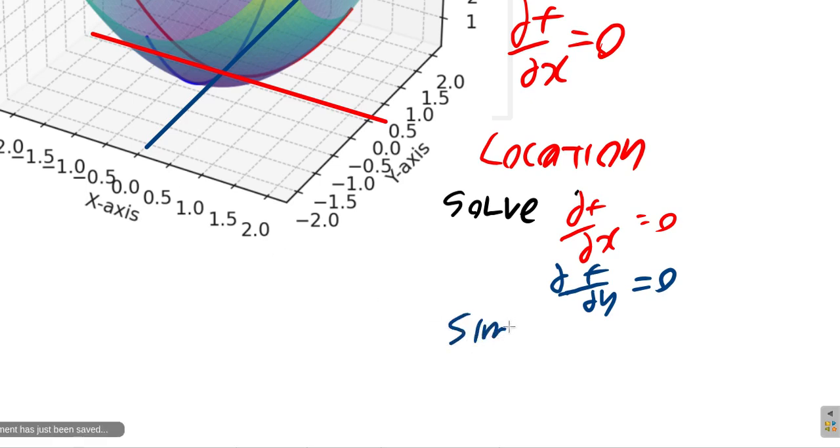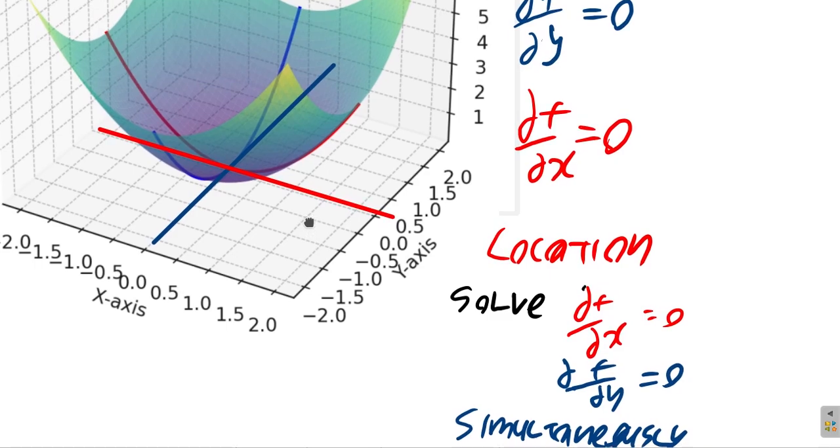So solve them simultaneously to find the location of that stationary point.